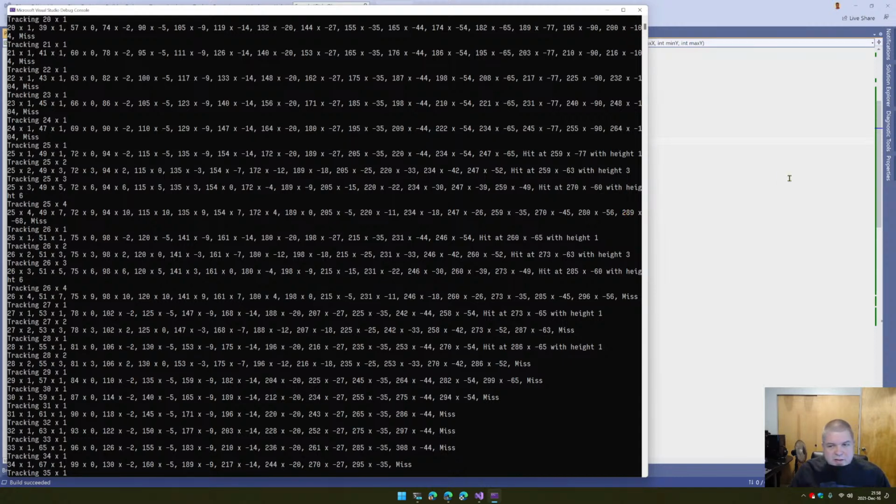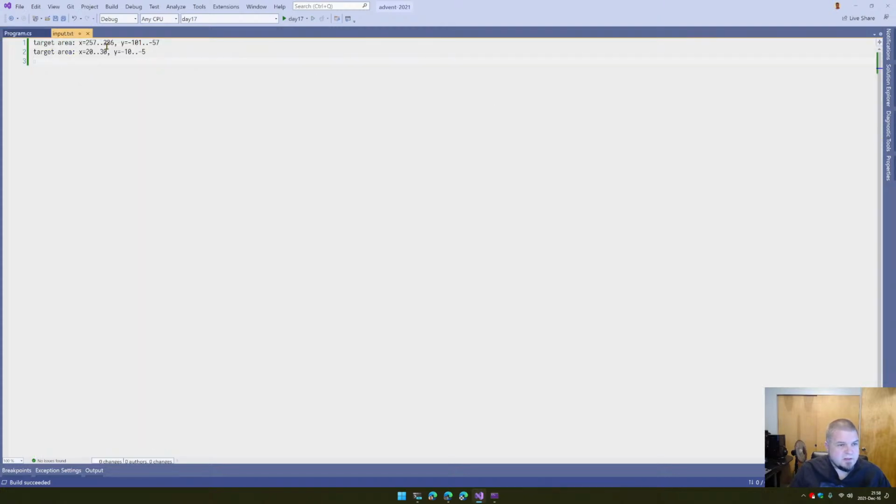See, here we get 289, -68. 289, so that goes off the edge. But we're still in the middle, right? Which means adding more X isn't going to help. So that's okay that we bailed out there.